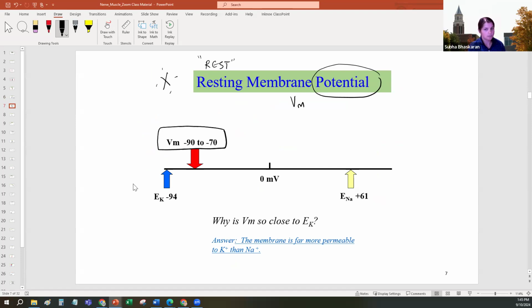It is in the range -90 to -70, typically given in the unit millivolt. And we just saw that the resting membrane potential is at a negative value. Yes or no? Right? It's at a negative value because there are more leak channels for potassium. Everybody with me so far?